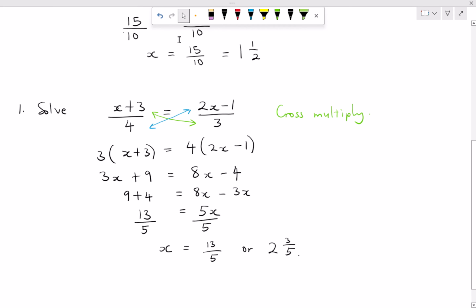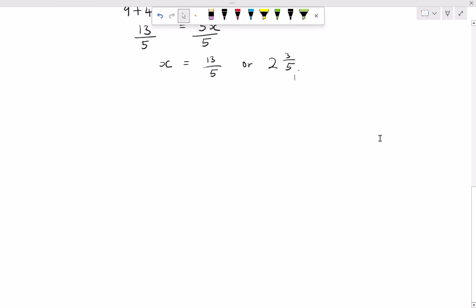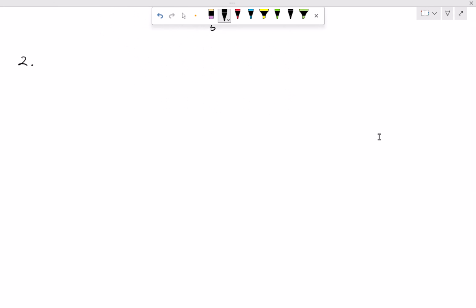All right, so we're going to do a couple of examples whereby we'll be using this concept. So example number 2, we have 7 over x is equal to 21. This is the same as 7 over x is equal to 21 over 1, right?